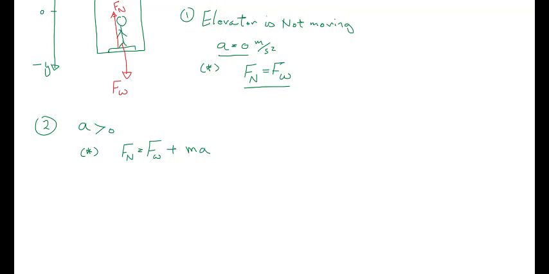So if the acceleration is not 0 and it's positive, we are adding that amount of extra weight on the person's actual weight. So Fn will be greater than Fw.